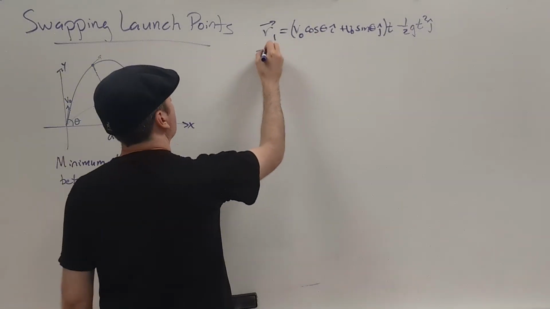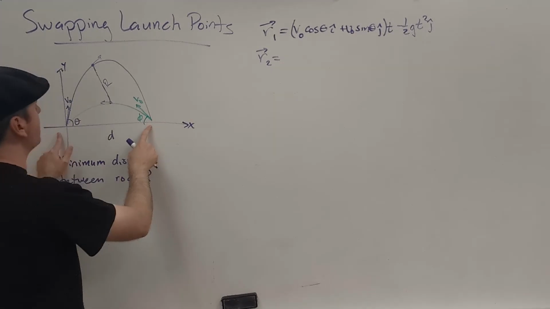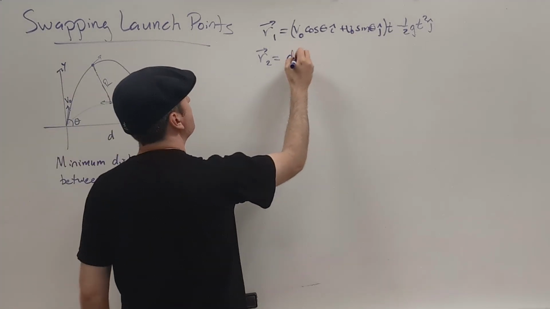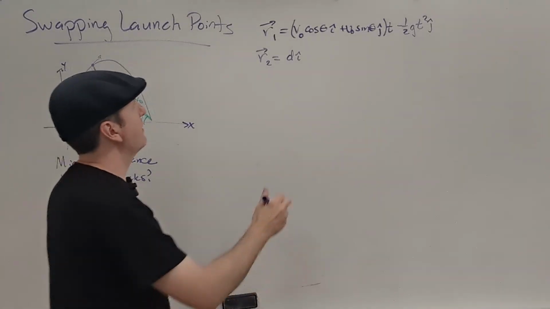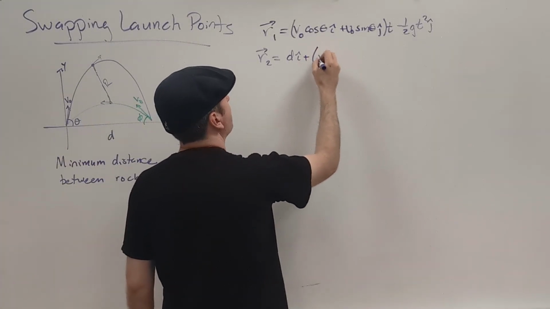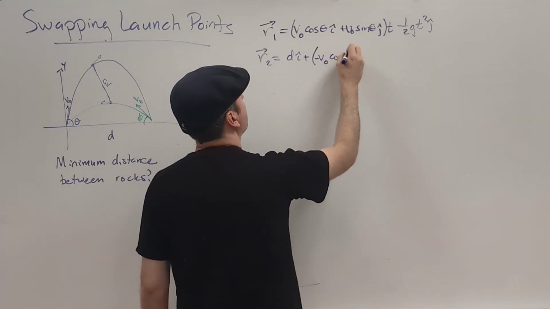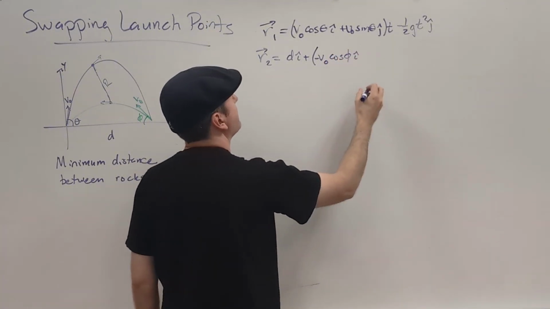Rock 2, on the other hand, does start out here. So its initial position is actually going to be d in the i hat direction. And then I'm assuming it's firing to the left, so I'll have a negative v naught cosine phi times i hat.